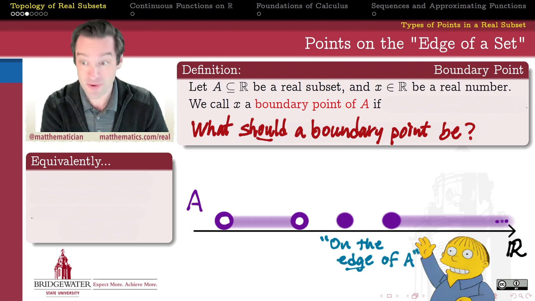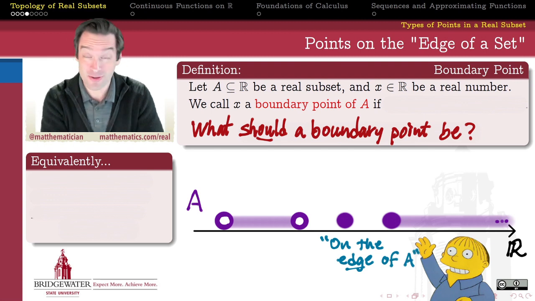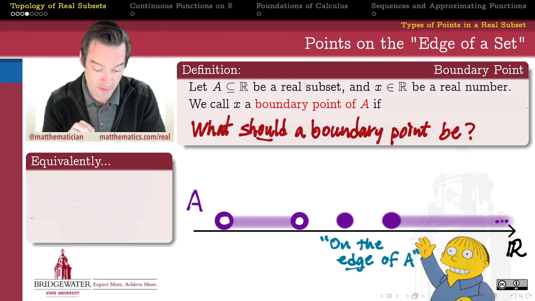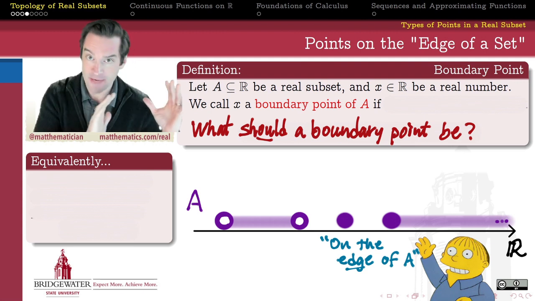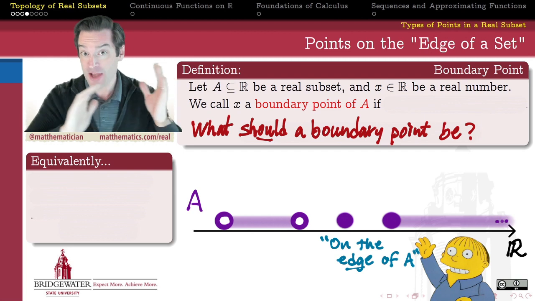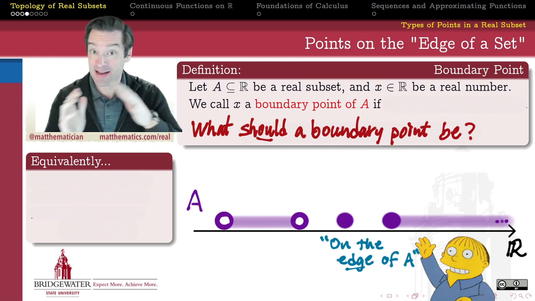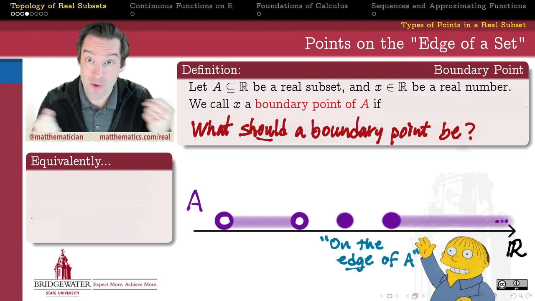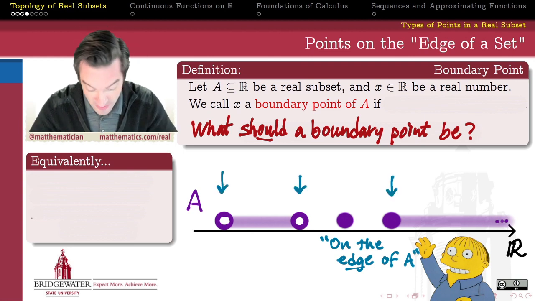Well, the naive viewpoint is that we want them to look like the edges of the set A. Anywhere that we can reside such that A is on one side of us and the outside of A is on the other side of us, like standing on the edge of the world with the world behind me and oblivion in front of me. That's what I want a boundary point to be, topologically.